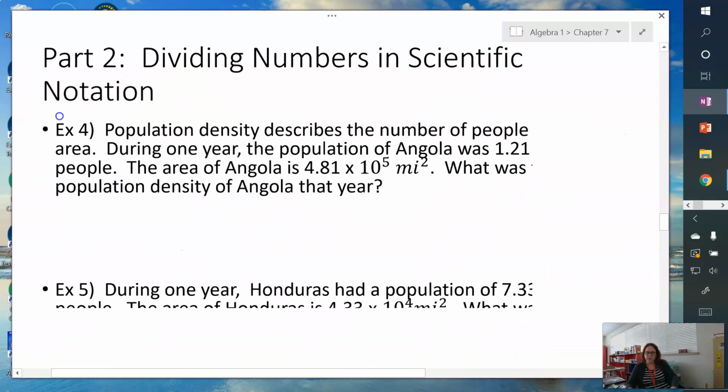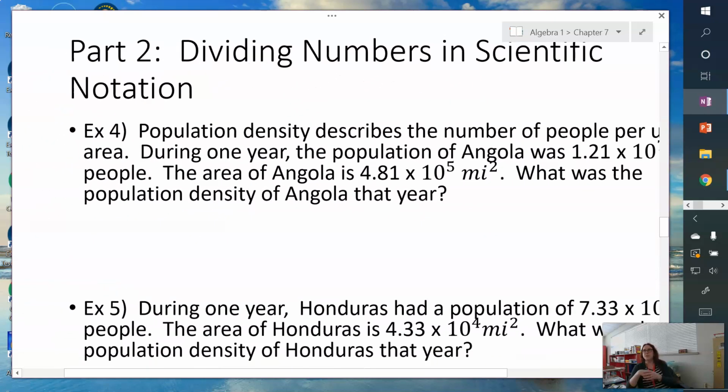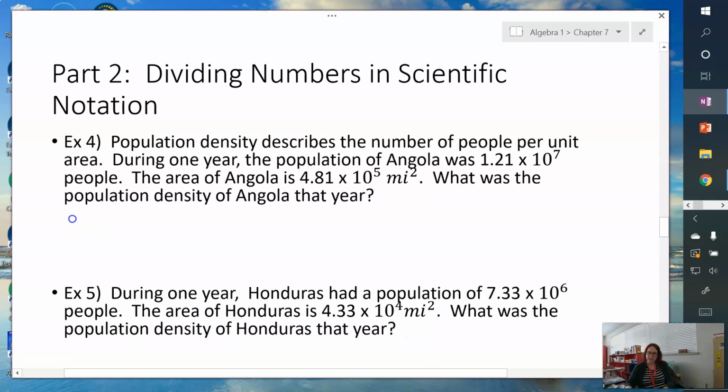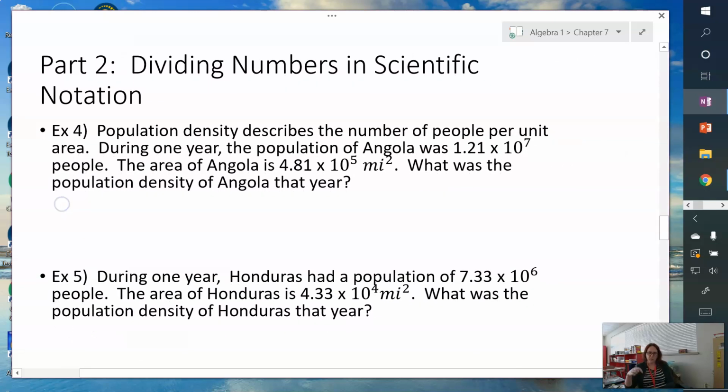Okay, now we're going to do some dividing in scientific notation. The population density describes the number of people per unit area. So your population density is going to be your people over the area. During 1 year, the population of Angola was 1.21 times 10 to the 7 people.